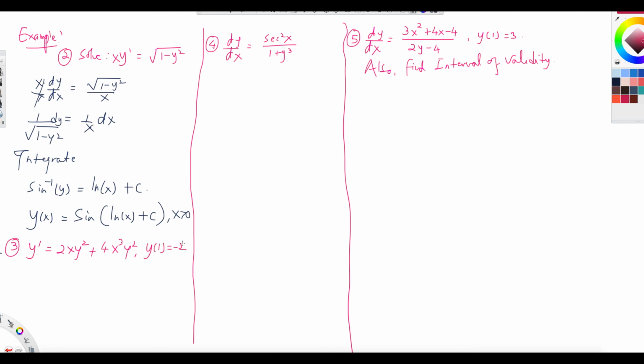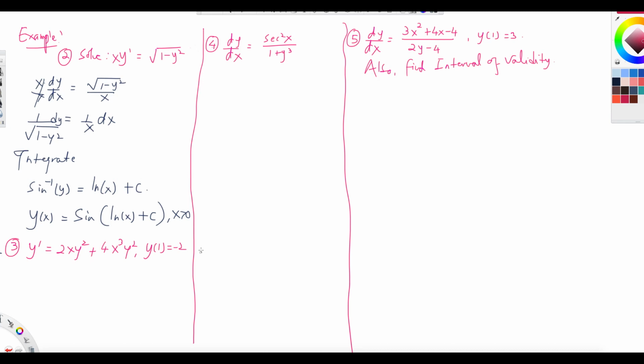The question is asking to solve this, and also plot the graph of the solution. You can use a calculator for that, and determine the interval of validity.